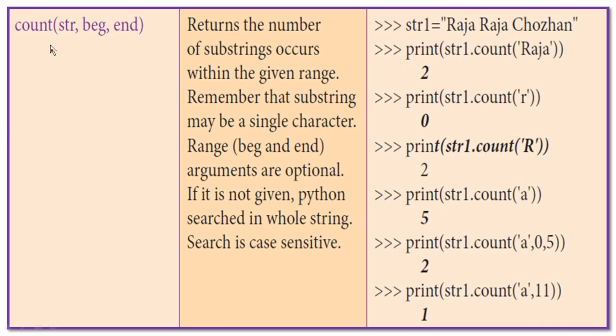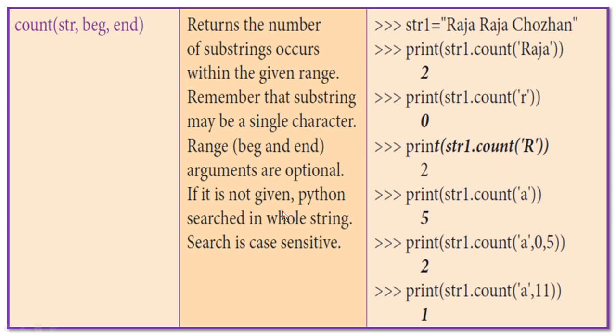Next function, count. This function has three parameters or arguments. First one, string. Second one, beginning index. Third one, end index. It returns the number of times the substring occurs within the given range. Remember that a substring may be a single character. The beginning and end index arguments are optional.